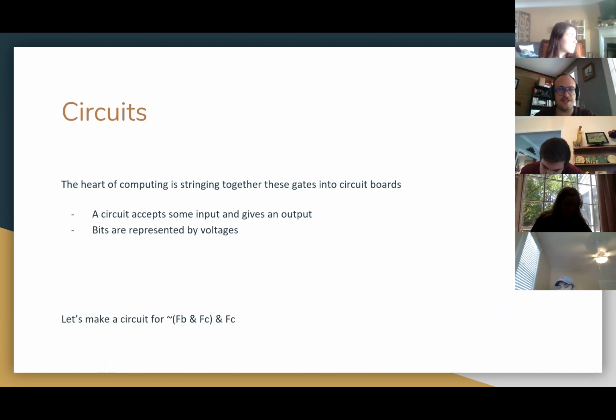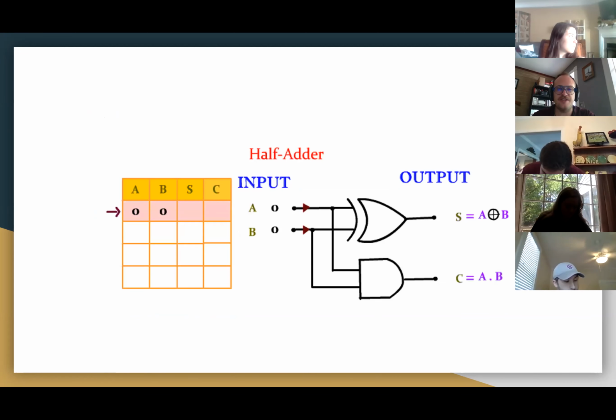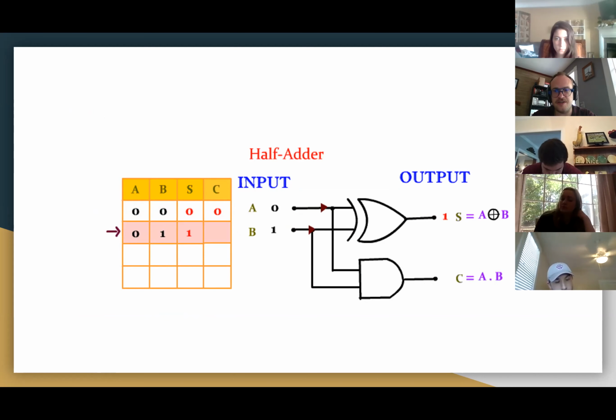What we're going to learn in this class is how to design circuits to perform certain functions. Here's an example of what's known as a half adder, showing you how the inputs and outputs work for circuits. This is how the signals in your calculator travel from the input to the output of your screen.